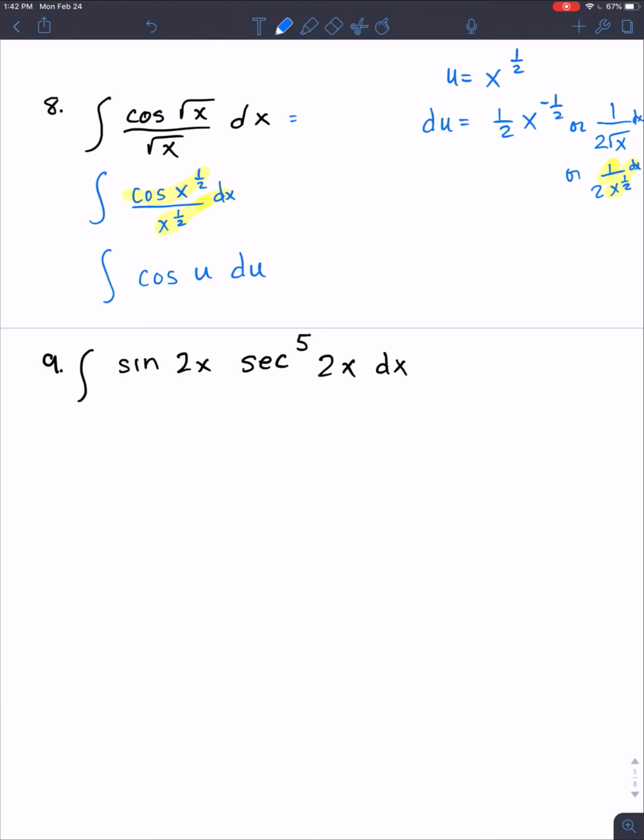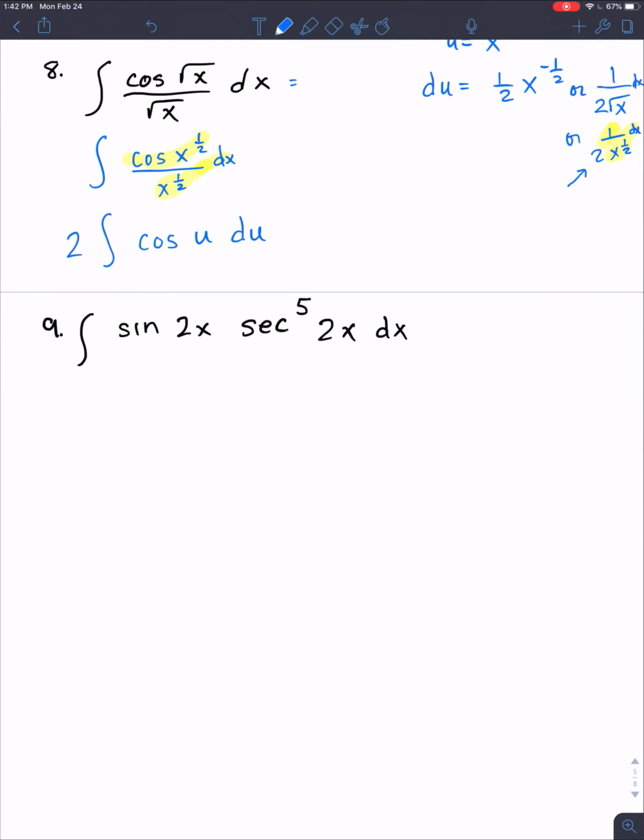You have that part, but the part you don't have is this 2, but it's in the denominator, so that's like 1/2. If you don't have the 1/2, you need to multiply by the reciprocal, so you'll have 2. Just so you can see that a little better. The 1/2 part is the extra part because we have the x to the 1/2 dx. So the reciprocal of 1/2 is 2/1, which is just the 2 that I pulled out here.